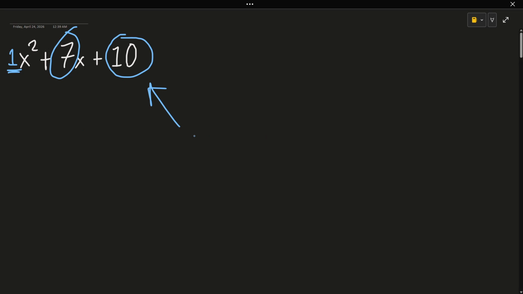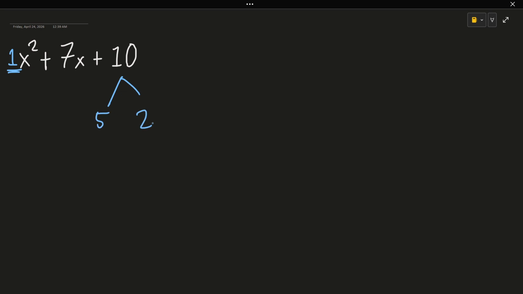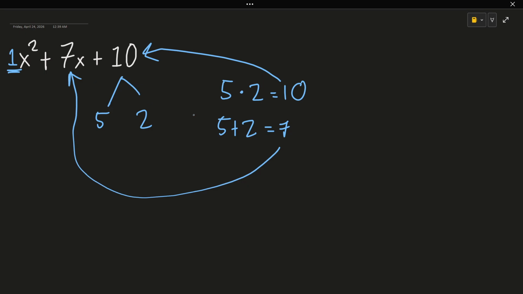So for me, I would select 5 and 2. Why 5 and 2? Let's start first by multiplying them together. What is 5 times 2? 10. See? Now what's 5 plus 2? 7. Positive 7. Okay, that's it.